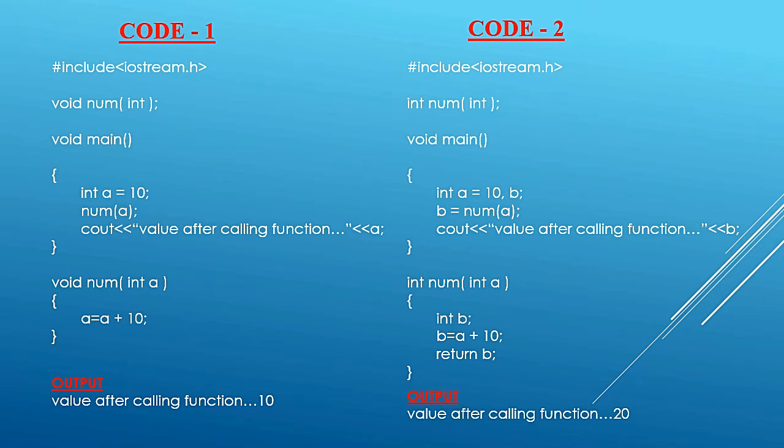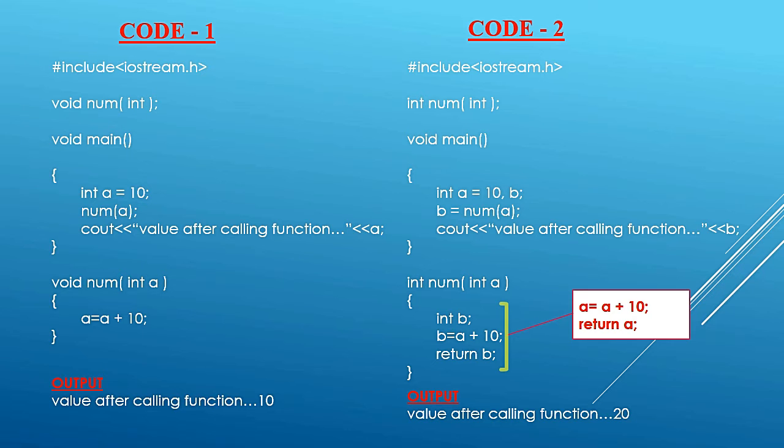But in code 2, return type of the function is integer. So in the function definition, after calling the function, value of a is copied and passed as an argument and added with 10, the result stored in b, which returns the value in main, that is 20. You can write this also instead.